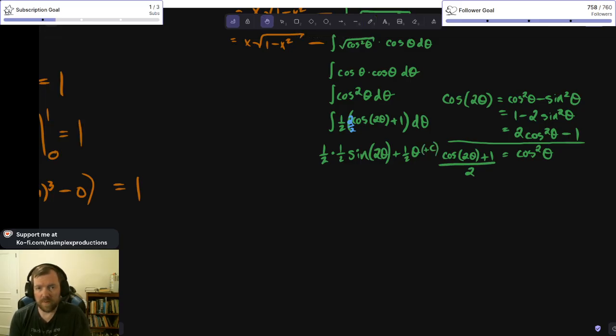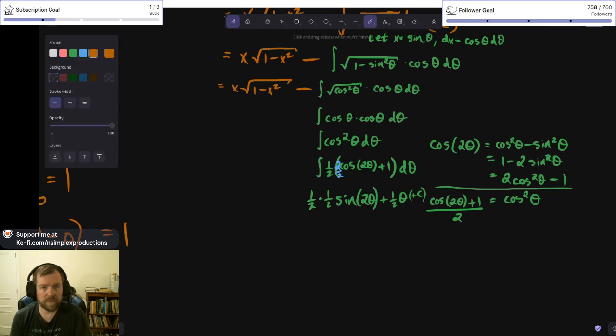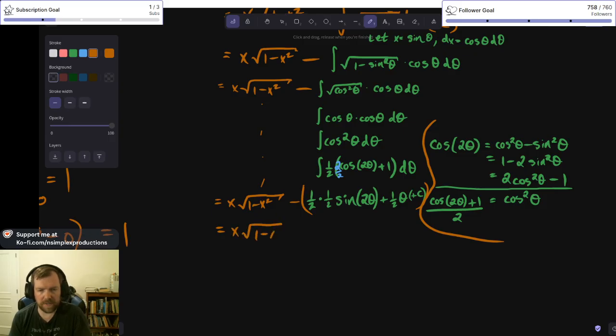All right, then when combined with all the stuff from above, this is going to be x times the square root of 1 minus x squared minus 1/4 sine of 2 theta.